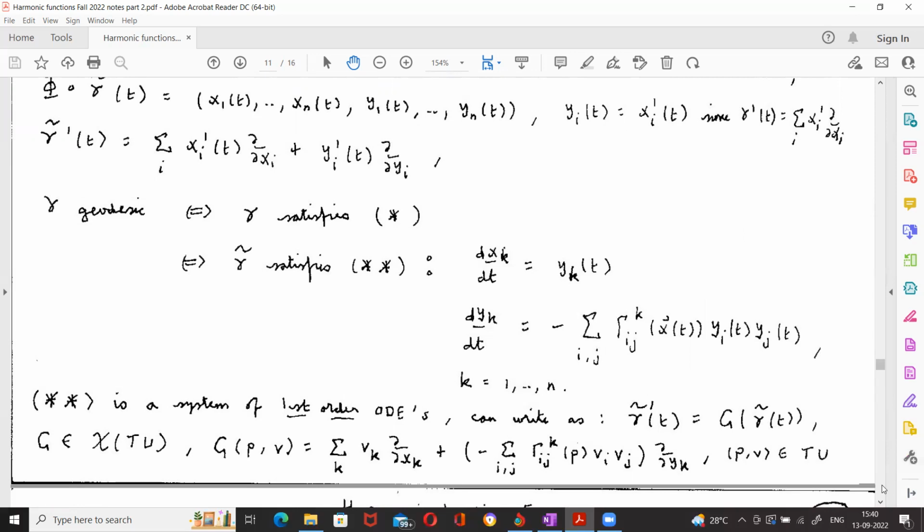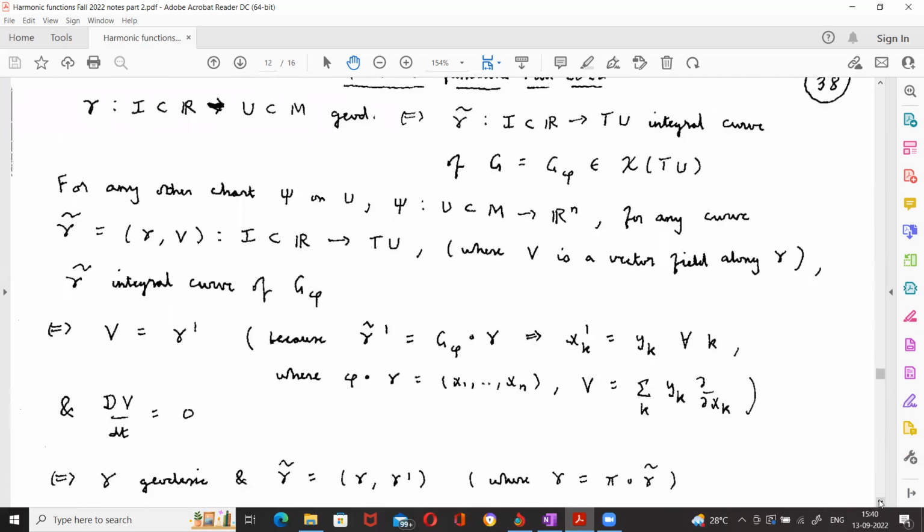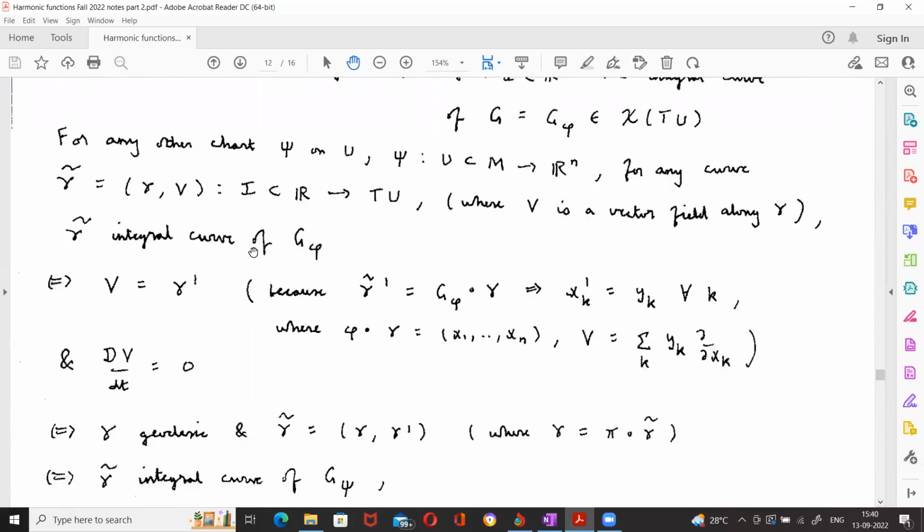So, therefore, gamma tilde is an integral curve of G phi if and only if gamma is a geodesic and gamma tilde is the natural lift of gamma, where gamma is equal to the projection of gamma tilde.